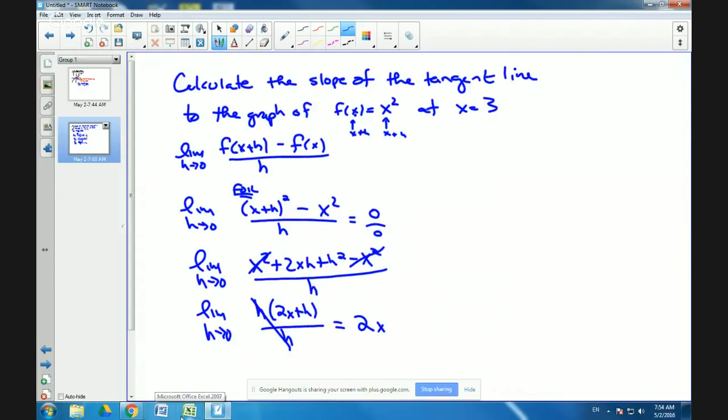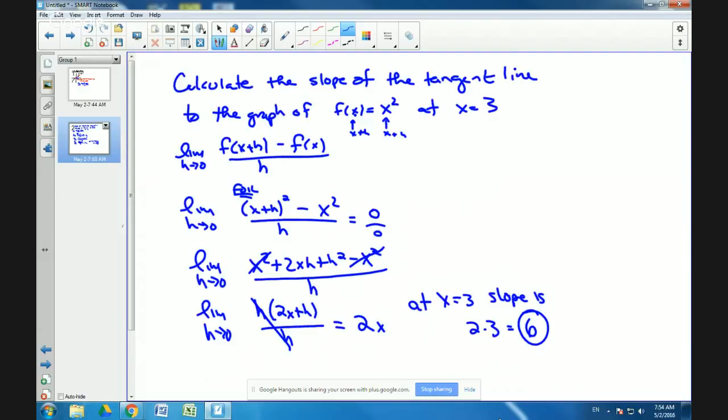Right? So this is now at x equals 3. Slope is 2 times 3, which is 6. Boom, yeah.